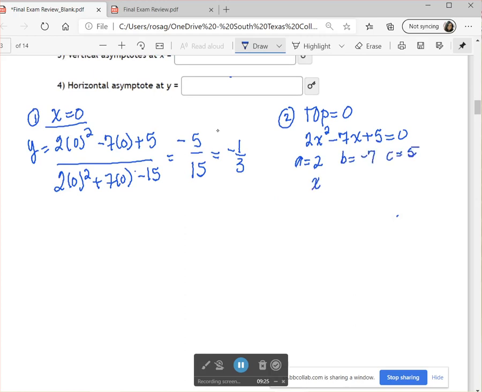I do have the quadratic formula in the formula sheets, and you have it at the beginning of this. I copied it on top of the page. Of course, if you know how to factor, you could do it by factoring, and that's fine too.